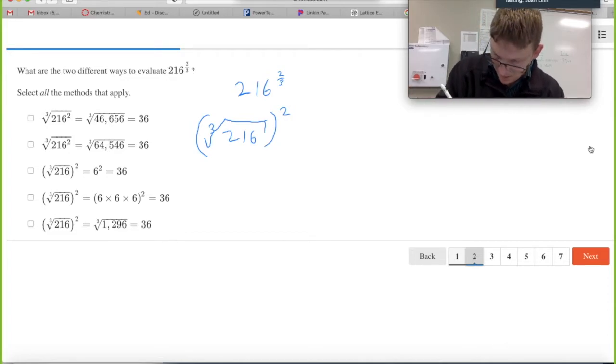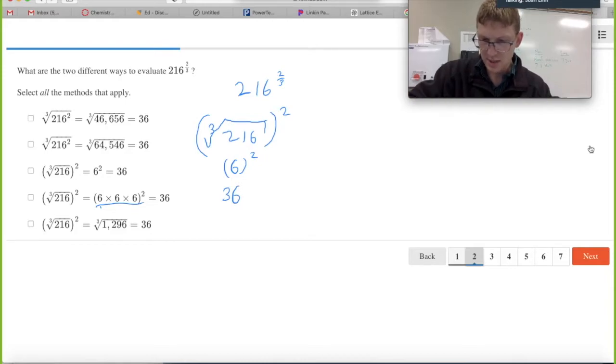Everybody knew that. You probably could have seen it over here too. So that is equal to 6 times 6 times 6. So 216 is equal to that. Then we have 6 on the inside of the parentheses and then squared, and that's going to equal 36. The 6 times 6 is 36.